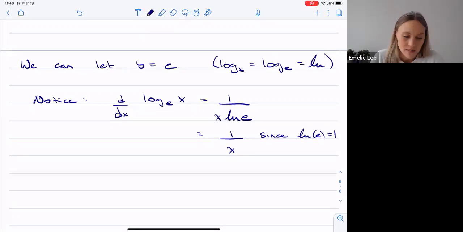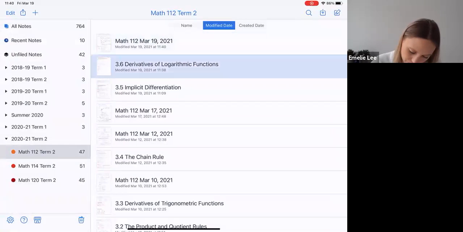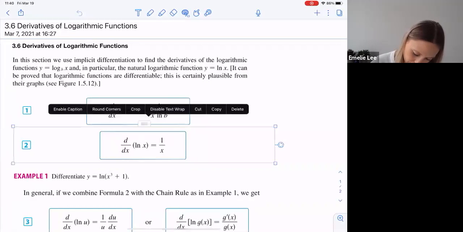So that's really nice, because now we have the special case where if we take the derivative of the natural log, it's just going to be 1 over x. So let's grab that one.